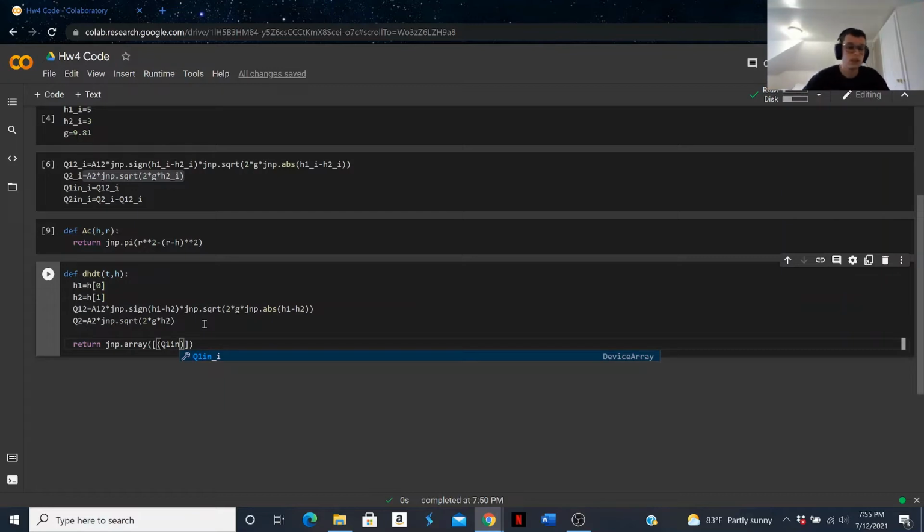That's what we did. And we basically found it to be the flow rate over the cross-sectional area. So we have our Q1 in with respect to time minus our Q12, and that is over our cross-sectional area 1.